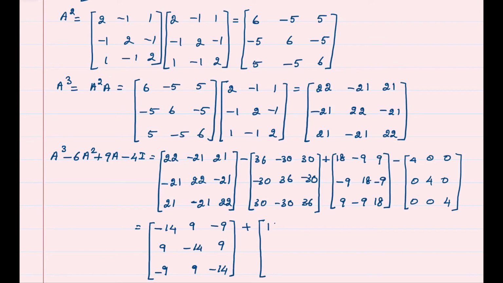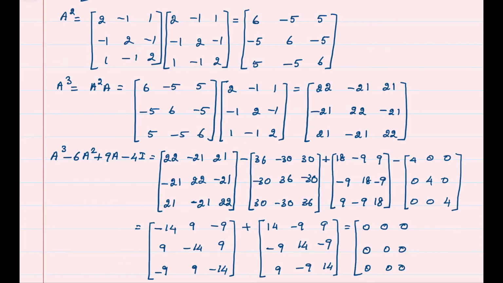We get 14 minus 9, 9, minus 9, 14 minus 9, 9 minus 9, 14. We get 0, 0, 0, which is a 0 matrix.